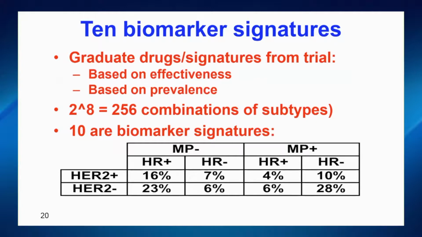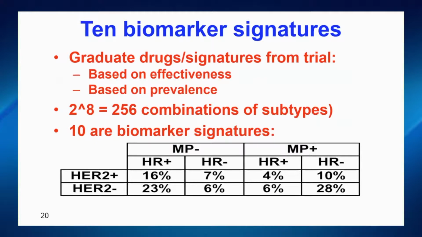And if you ask, well, how many ways can you graduate a therapy because it's being used on all of these subtypes, it could be good in any one of them and bad in any one of them. And so you could graduate 2 times 2 times 2, 256 possible combinations of those subtypes. That's too many. We focus on just 10.